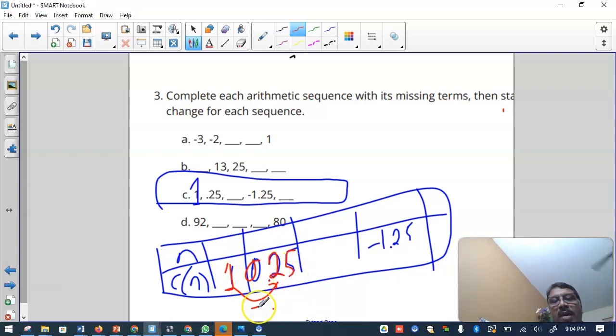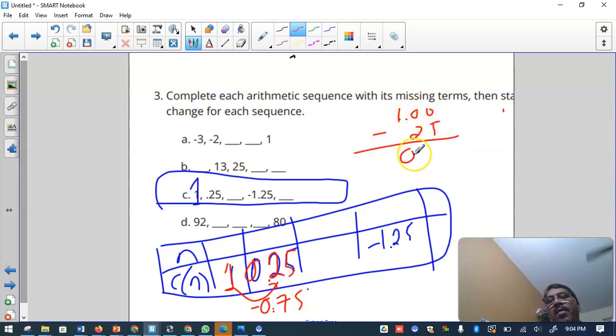That means you're subtracting 3/4, 0.75, right? When you get confused, you can put it like this. You just put 1 and then take away 0.25. It is 0.75. So that's minus. So each time you're taking away 0.75 or 3/4.